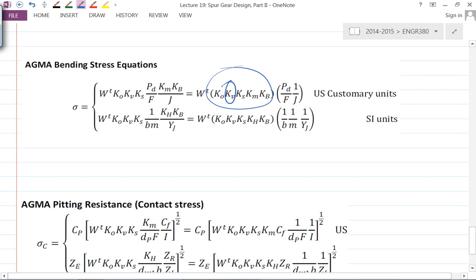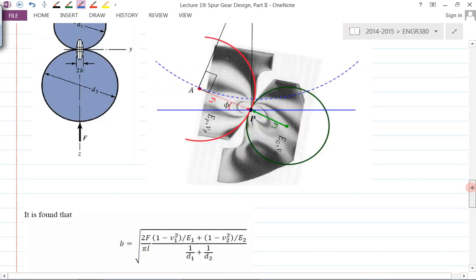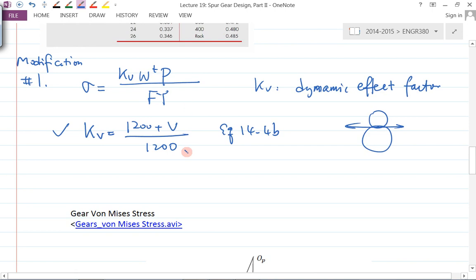But the caution is, don't stick to this formula. This is just an example. We will have a couple more formulas for Kv in terms of the AGMA code. But now you get an idea of what's going to happen in terms of modification.